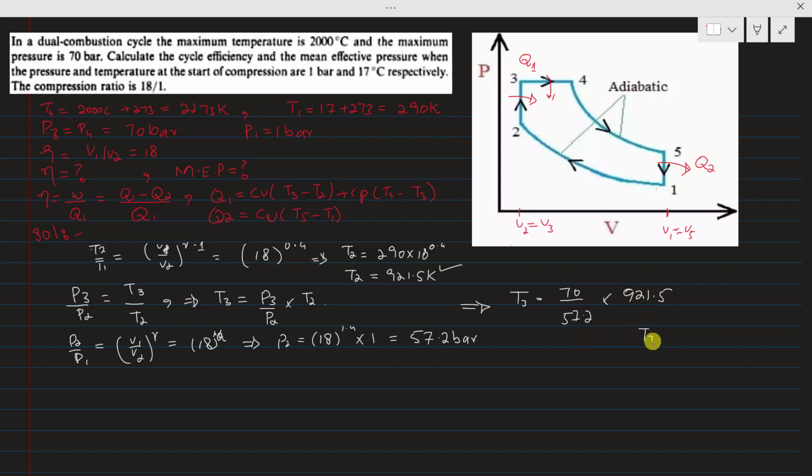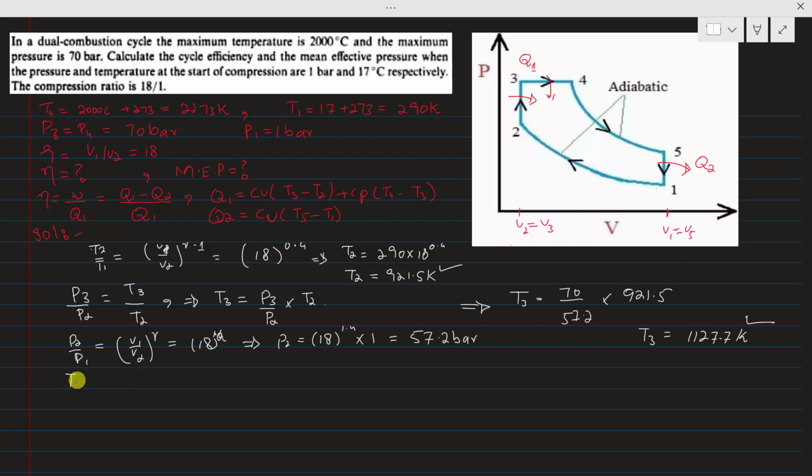After simplification you will get the T3 value, that is 1127.7 K. So T1 was given, T2 is determined, T3 is also determined now, and T4 is the maximum value given in the statement, and T5 we still need to find.